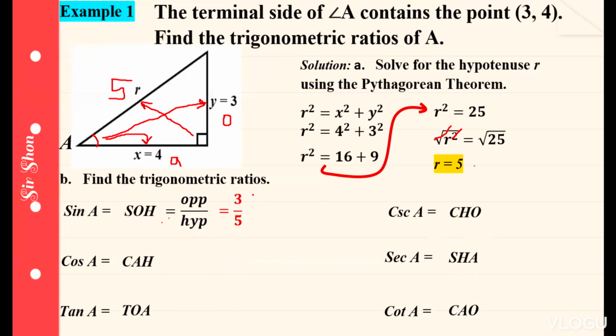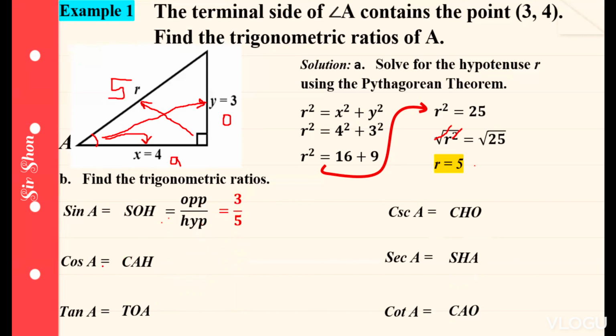Therefore, sine A of the given triangle is 3 over 5. Next, let's proceed to cosine. The formula of cosine is CAH, or cosine theta equals adjacent divided by hypotenuse. The adjacent side of angle A here is 4, and the hypotenuse is 5. Therefore, the measure of cosine A is 4 over 5.